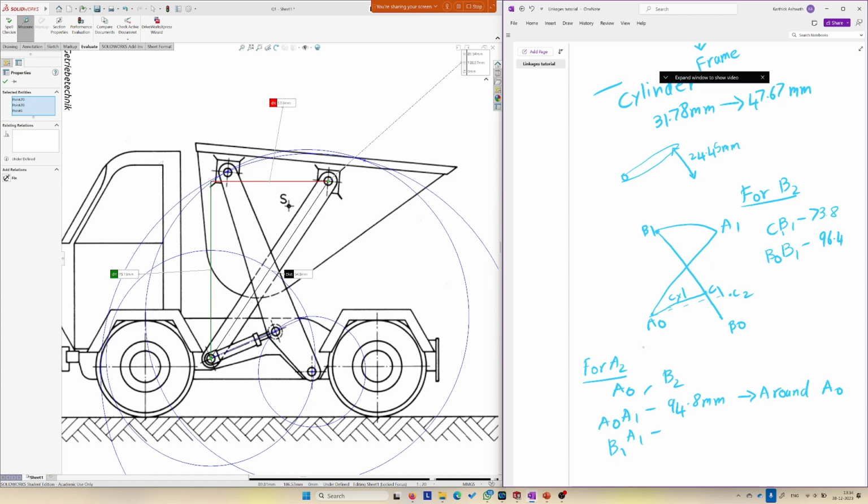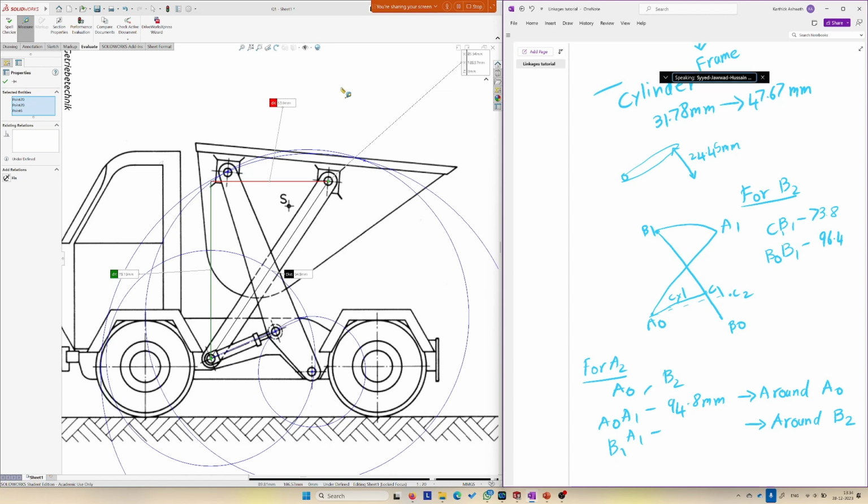Yes. And then we took B1 and A1 and draw a circle around B2. Perfect. Then we will get an intersection, and that will be point A2. Correct.